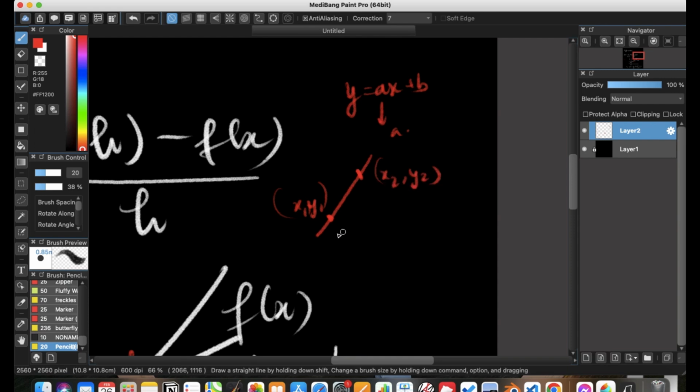To determine the slope, you will take y2 minus y1 over x2 minus x1, right?